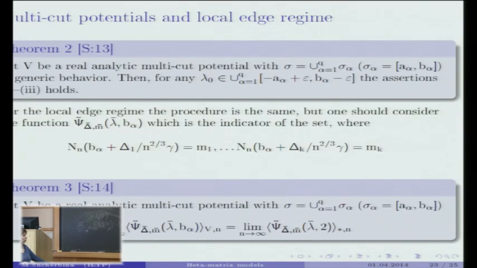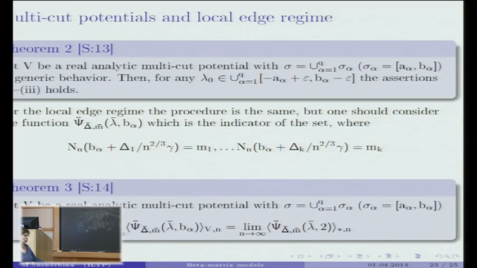And so the proof is exactly the same if you take a real analytic, for example multi-cut, potential and consider any h point, and you obtain that in the limit when n tends to infinity, you obtain the same gap probability, the same limit for the indicator function as in the Gaussian case. And for this, instead of the result of Falco and Virac, you have to use the result of Edelman and I don't remember the second one.